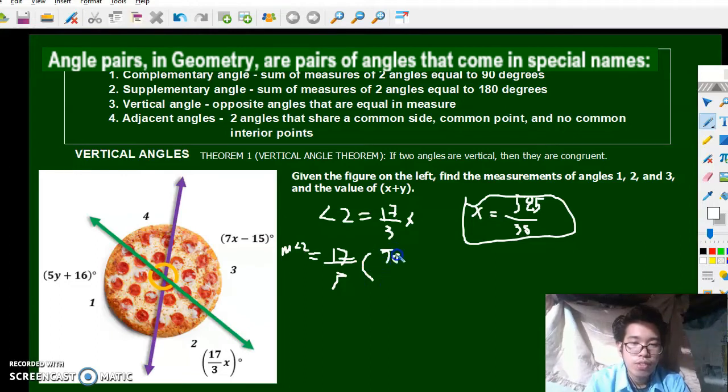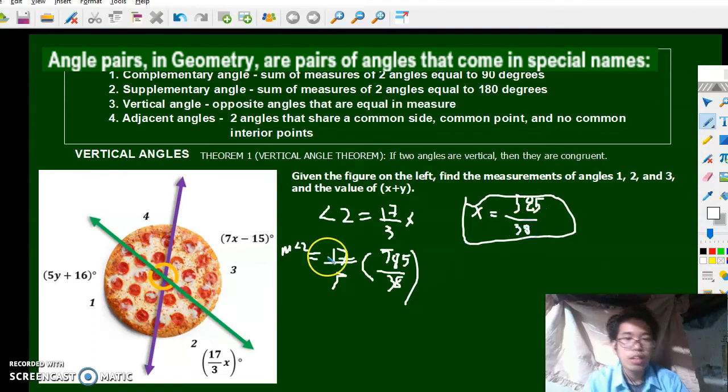585 over 38. Okay, so let's write that one cleanly. If you use a calculator, that's 17 over 3 times 585 over 38.